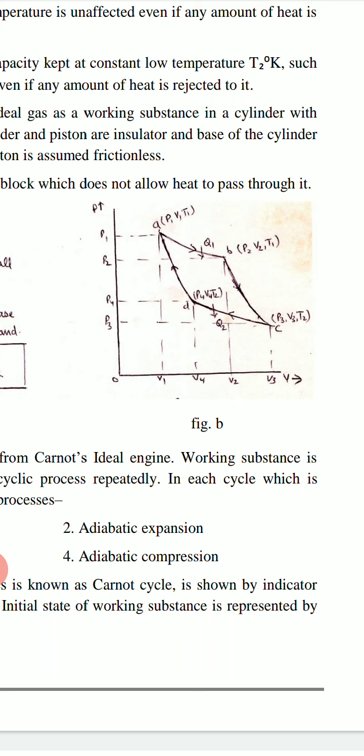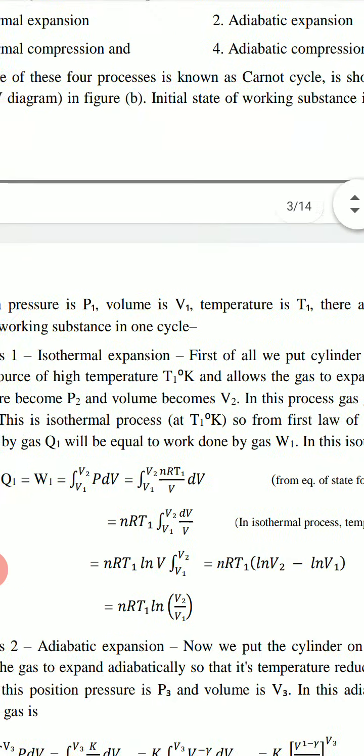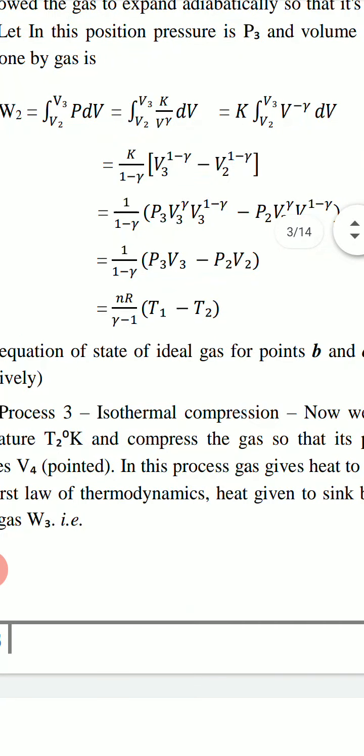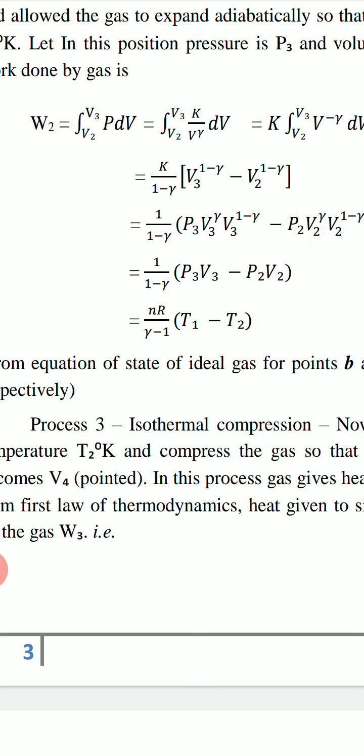So at point B, P2 V2 is equal to nRT1, and P3 V3 is the state at point C, so at point C we have P3 V3 equal to nRT2 from the equation of state of an ideal gas. Substituting these two values, we get work done W2 equal to nR upon gamma minus 1 into (T1 minus T2).